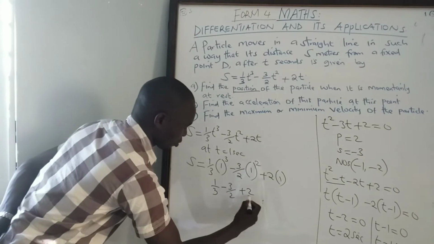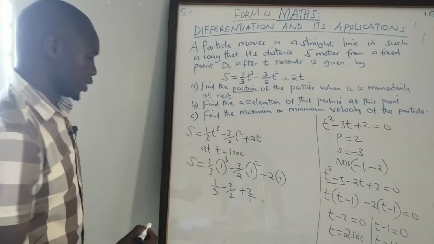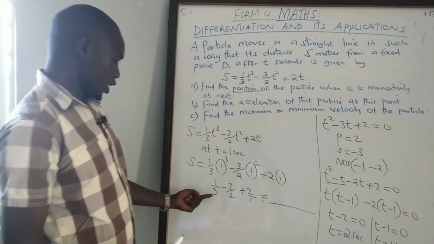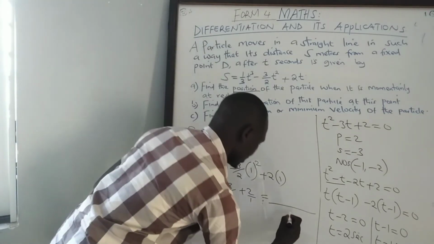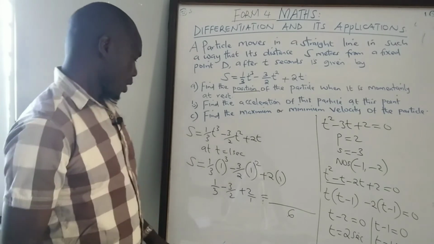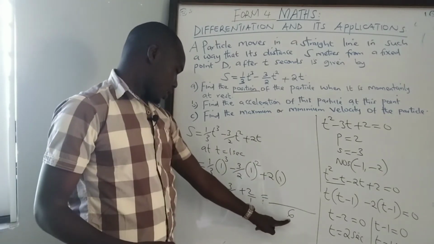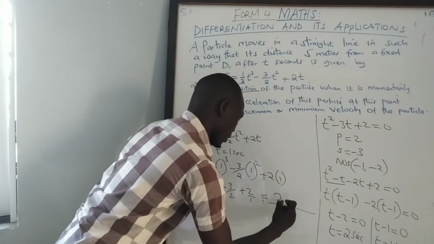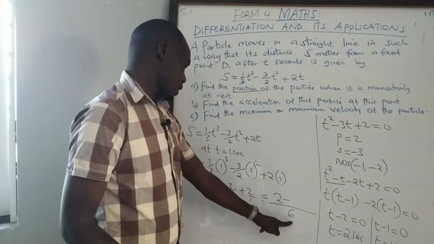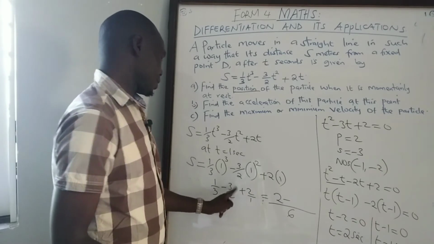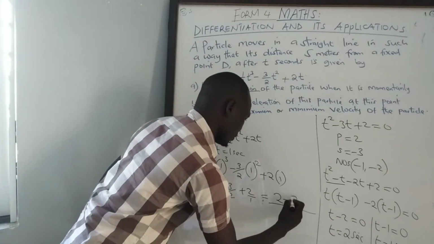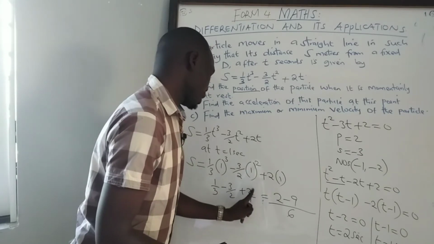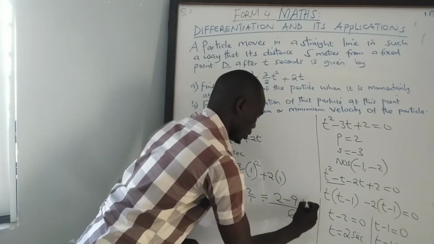From here, allow me to express this one as a fraction. Then from there we can get the LCM. And the LCM of 3, 2 and 1 is 6. 3 goes to 6 2 times, then 2 times 1 will give us 2, minus. 2 goes to 6 3 times, then 3 times minus 3 will give us minus 9, and of course 1 goes to 6 times, then 6 times 2 will give us 12.